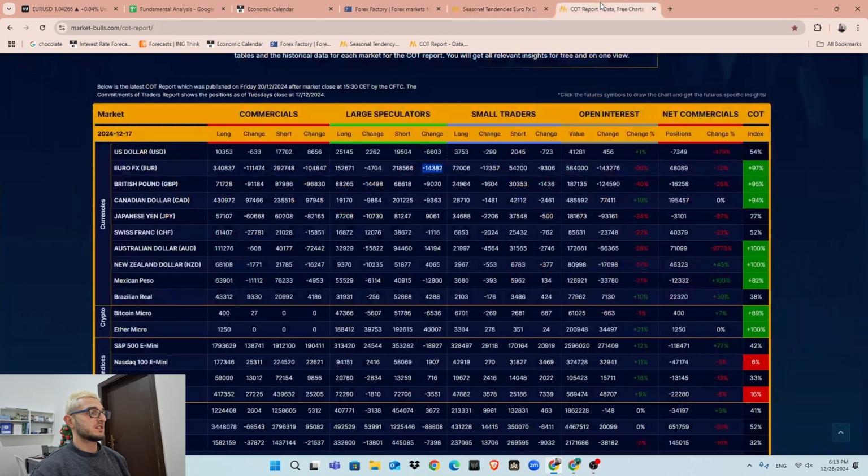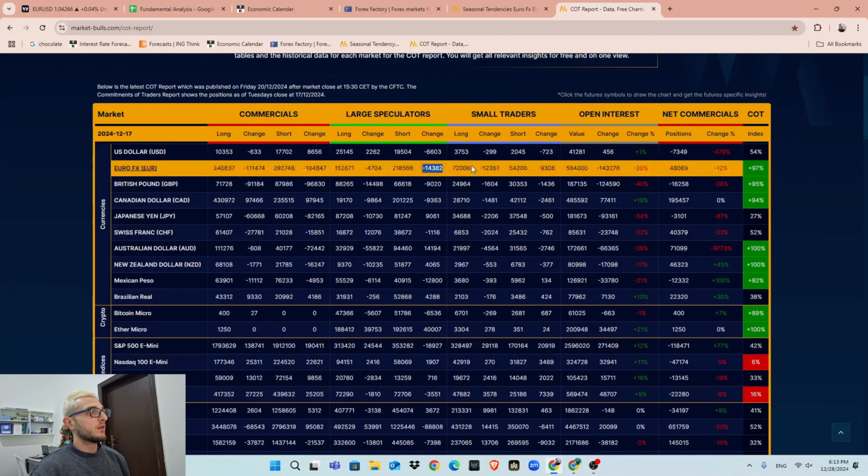Now we go to the COT data to see if large speculators are positioning themselves with the seasonality and the fundamentals. From a net positioning perspective, there are a lot more short positions than long positions.